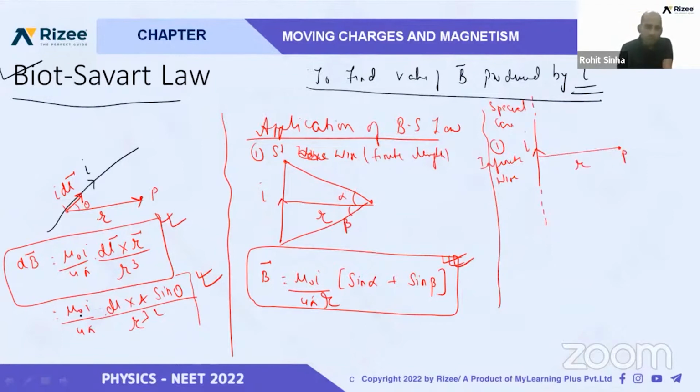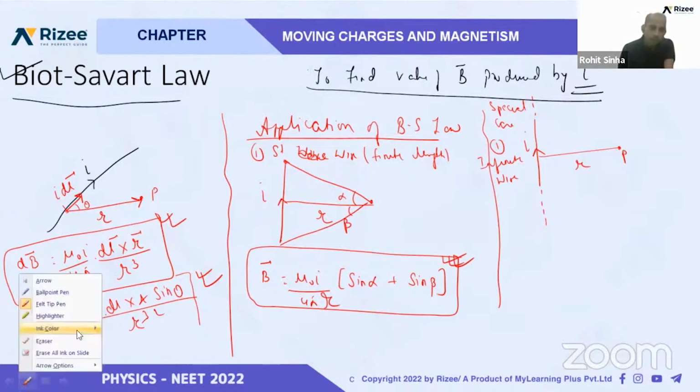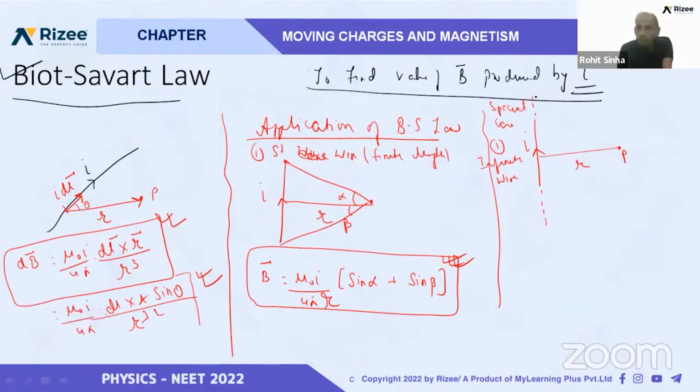We have to find the value of magnetic field at this point P. What will we do? We know for a straight wire we draw the end point at this point. Since the lines are parallel, we draw like this, because parallel lines meet at infinity, so the ends will be joined.